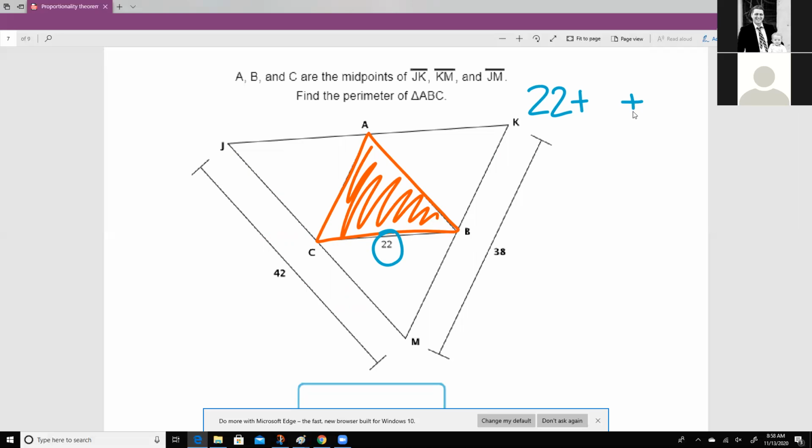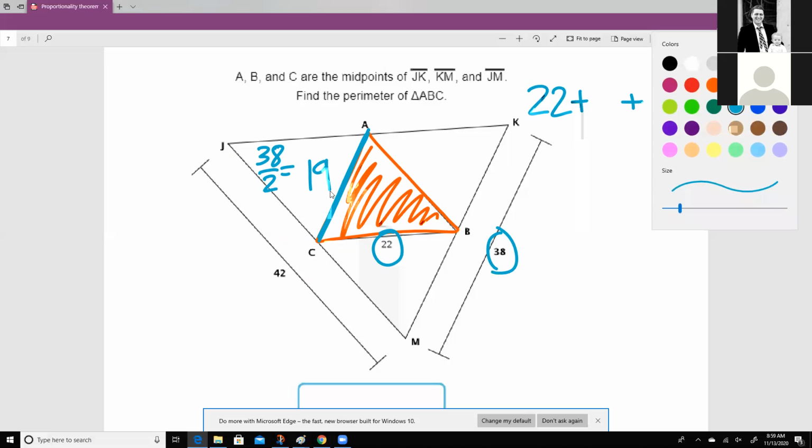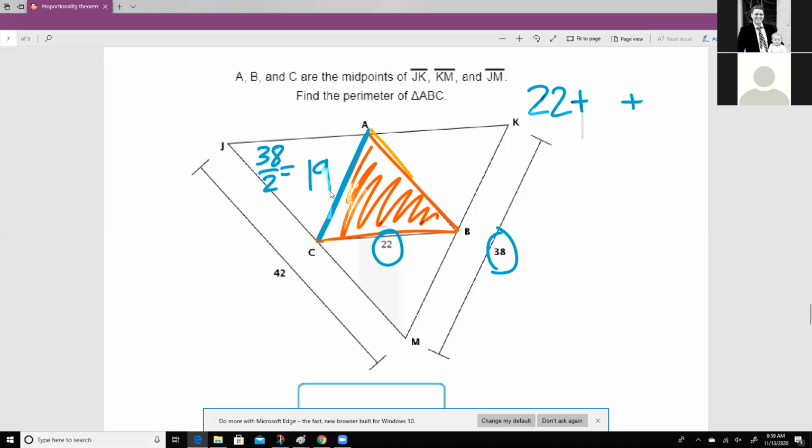Now those other somethings, well, the first one is going to come from over here, from AC. Now I don't know what AC is, but I know this is 38, and that's double whatever AC is. So if I want to find out what AC is, I'll take 38 and divide it by 2. And that will give me 19. And over here, I need to find this side length.